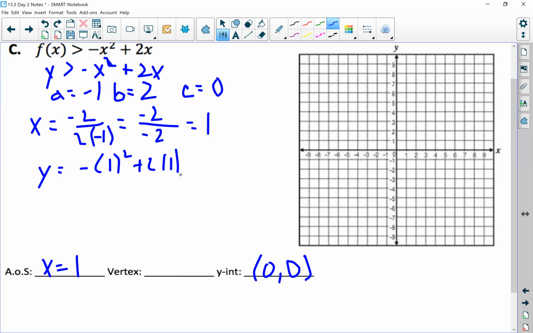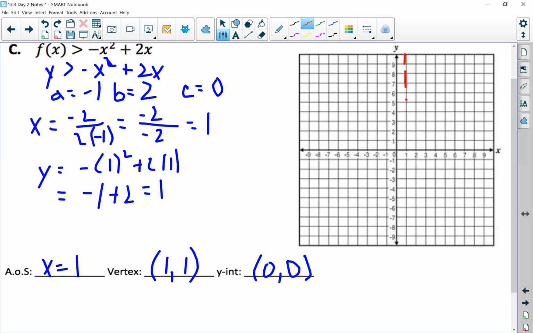One squared, 1, that's a tough one, I know. Opposite of 1, -1. 2 times 1, 2. And -1 plus 2. So our vertex is at (1, 1).